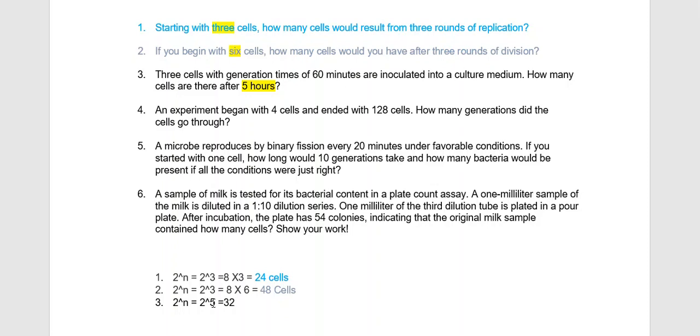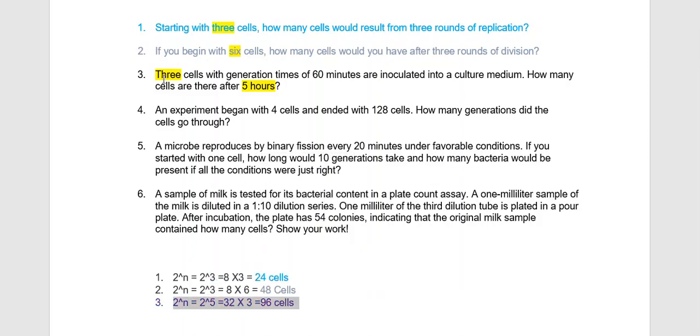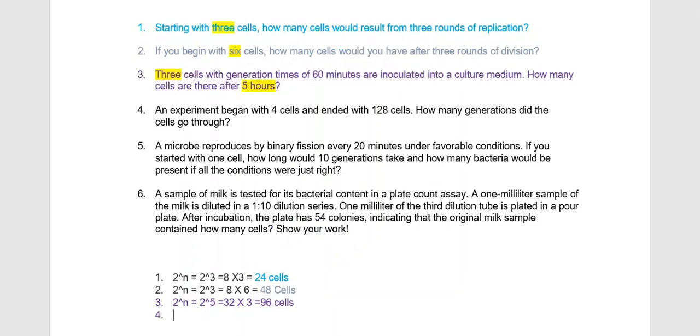How many cells did we start off with? The question tells us we started off with 3 cells, so we multiply that by 3, and our number here is 96 cells. All right, moving on to number 4.